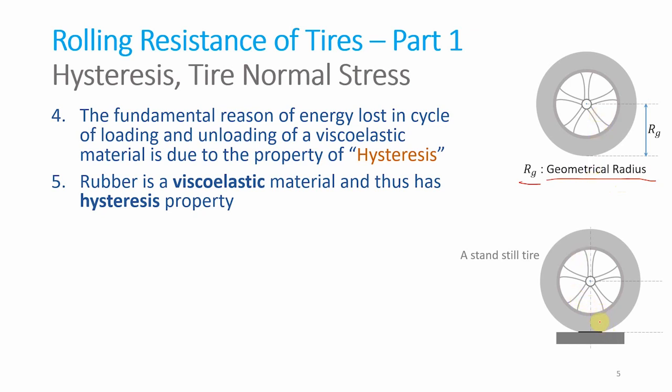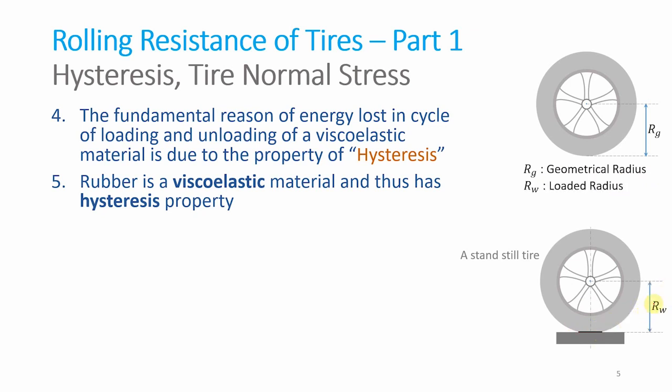Then what happens is, since rubber is a deformable material, it deforms and it's no more a point contact but an area contact between the tire and the ground.